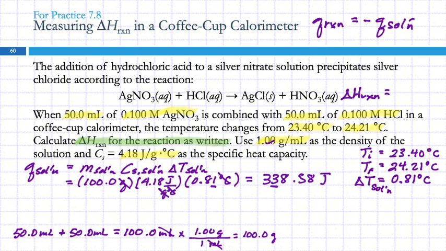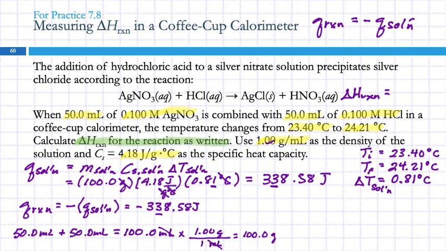So that's Q solution. How do we find Q for the reaction? It's -1 times Q for the solution. So it's just negative 338.58 joules. The solution got warmer because it absorbed heat.